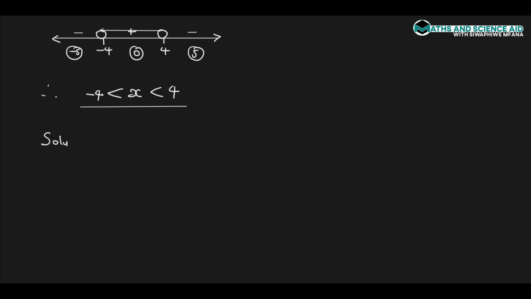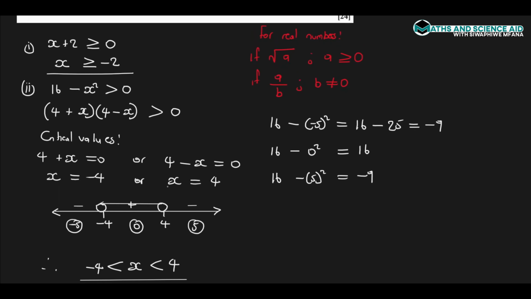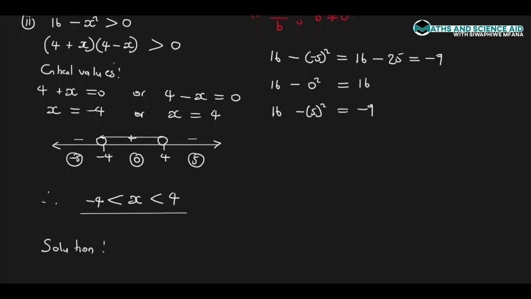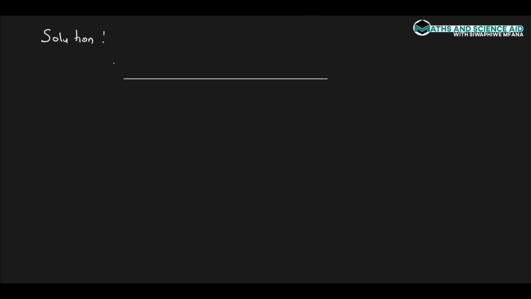So for the solution, we will do another number line. On this number line, we are going to represent the solutions from both of our inequalities. Our first inequality was x is greater or equal to negative 2. We can show that in a number line like this.